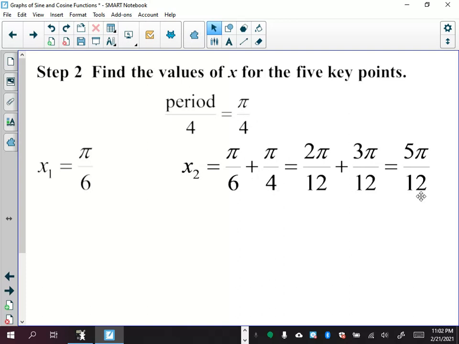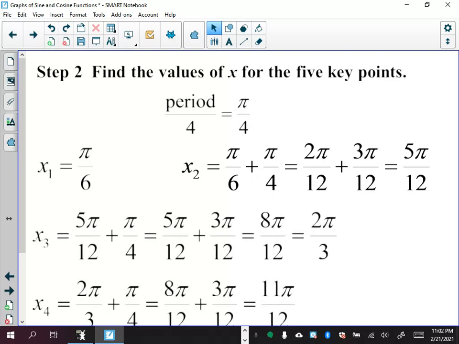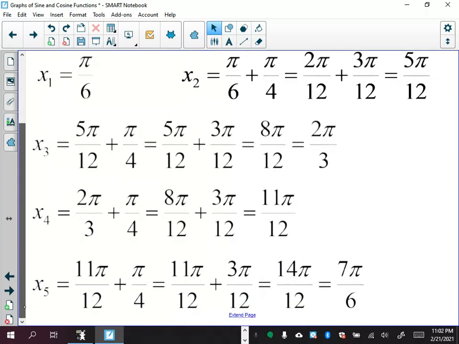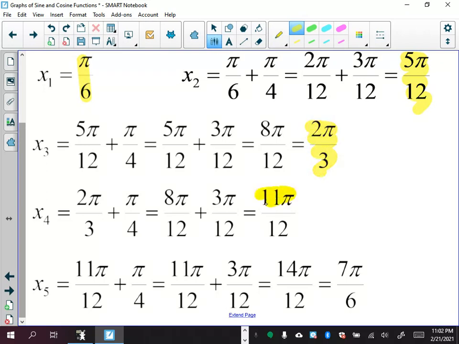So that gives me 5 pi over 12. And then we find the other points, and we know that we're going to end at 7 pi over 6. So as we go through this process, there's our first point. Here's our second point. There's our third point, our fourth point, and then our fifth point.